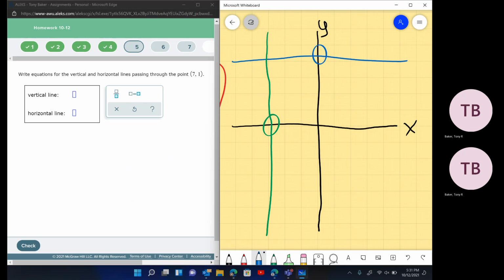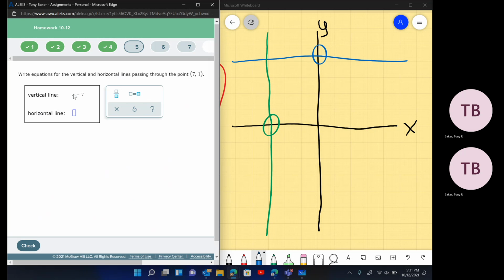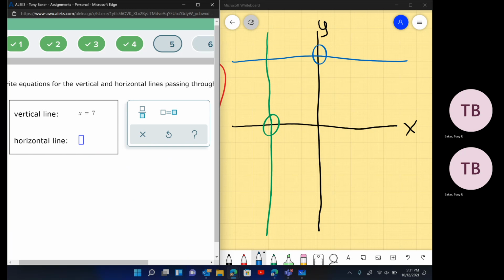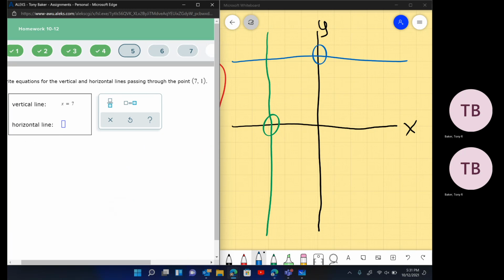They're going to give you a point. It is the opposite of what you would think is true. When they say vertical line, they're talking about your x. So you're going to put x equals 7, because that's what x equals. Vertical is x, and my horizontal is y.